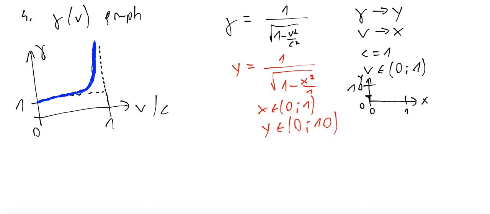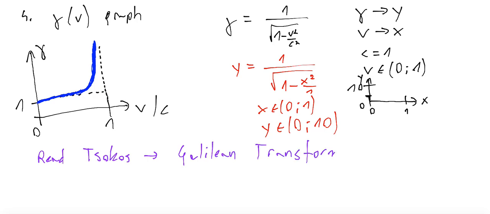Okay, I hope you like this lesson. Your homework is easy. You have to read in your Tsokos, okay, about Galilean transformations and why Galilean transformations work, and why Galilean transformations don't work in the case of high speeds.